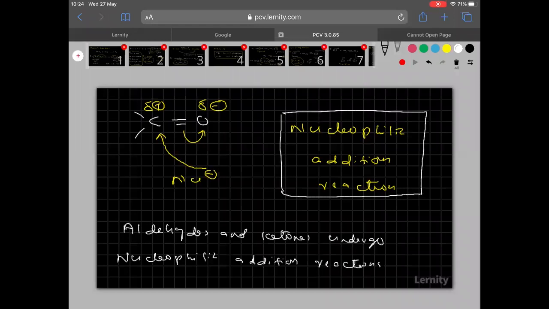Clear? Hope you are able to understand this one. Then what is this nucleophilic addition mechanism? How does it proceed? That we are going to see.